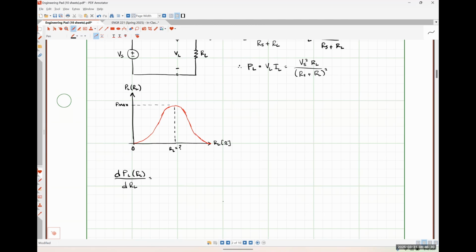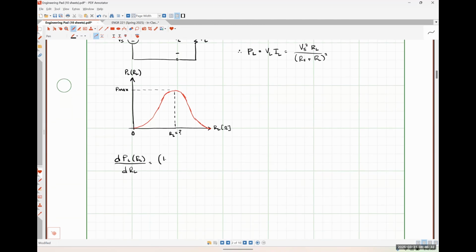So I'd have (RS plus RL) squared times the derivative of the numerator with respect to RL, which in this case is literally just going to be VS squared, plus the numerator VS squared RL times the derivative of the denominator, which is just going to be 2 times (RS plus RL).